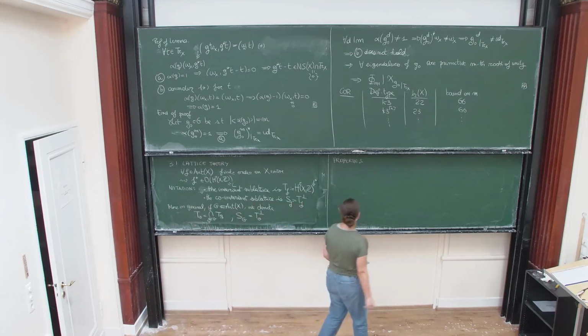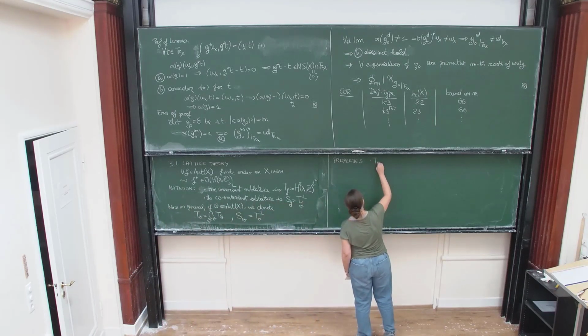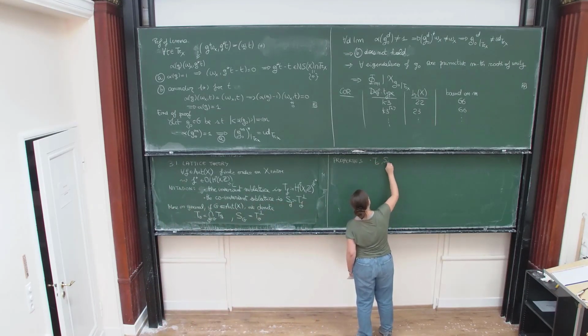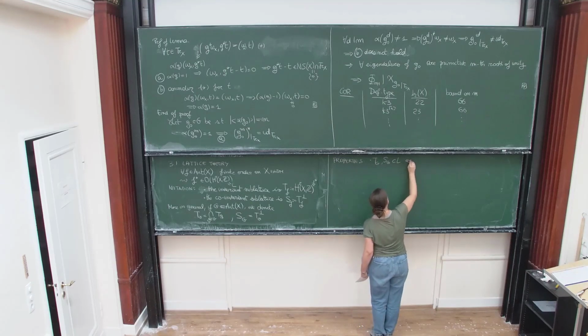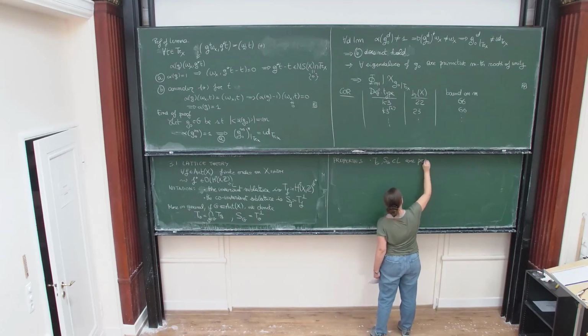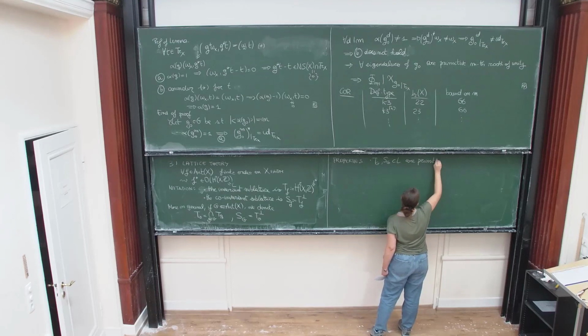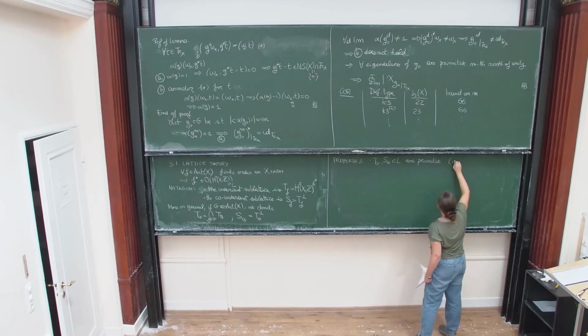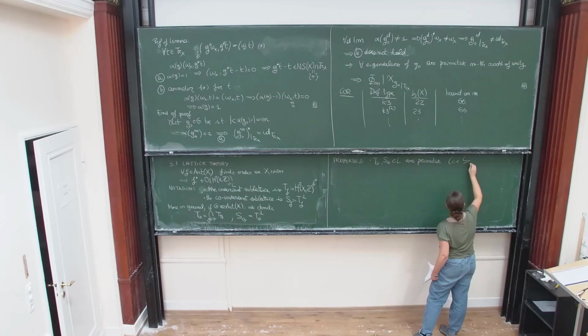The properties: first of all, they are primitive sublattices, which means the quotient is torsion-free.